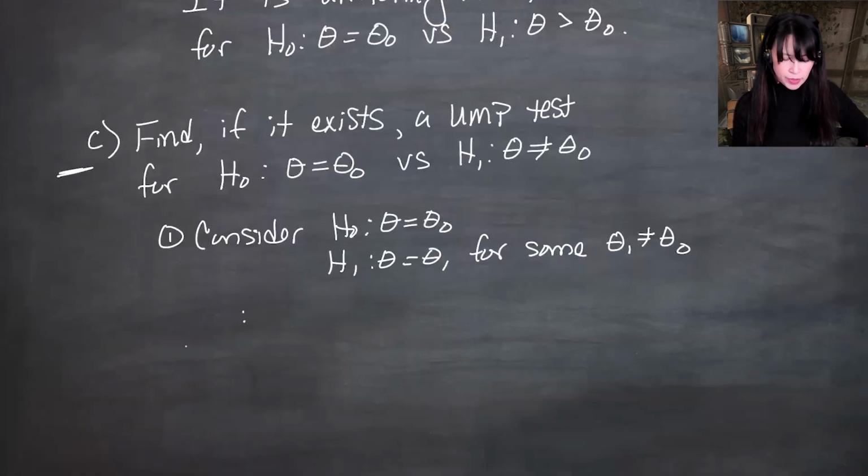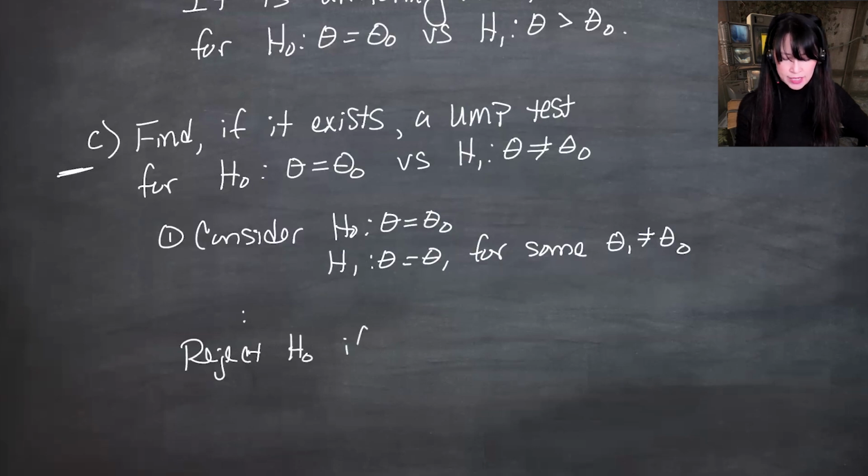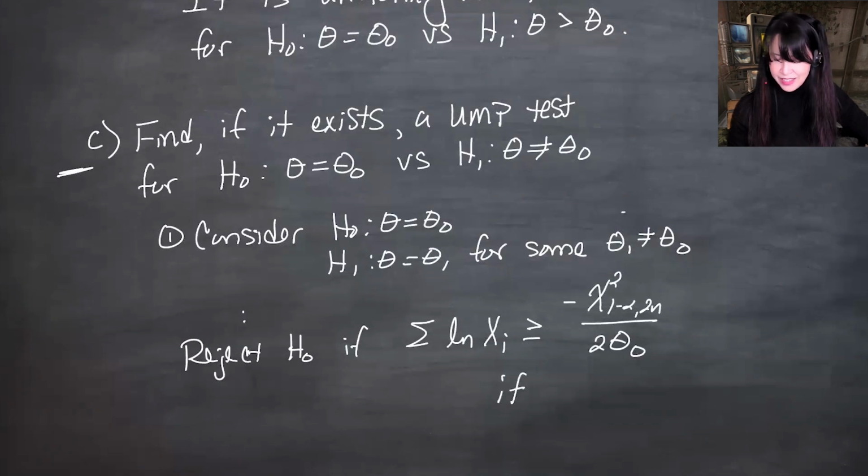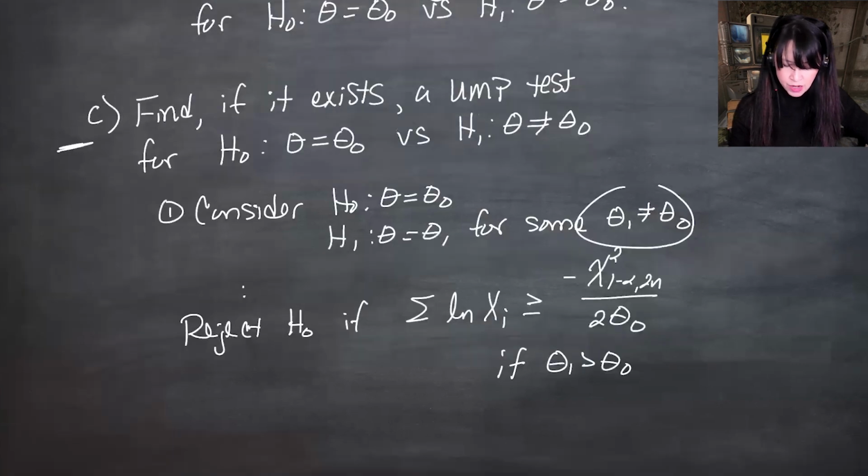And you would end up with rejecting the null hypothesis if the sum of the log of the xi is greater than or equal to negative chi squared sub 1 minus alpha comma 2n over 2 theta naught, if this theta 1 that you choose is greater than theta naught.